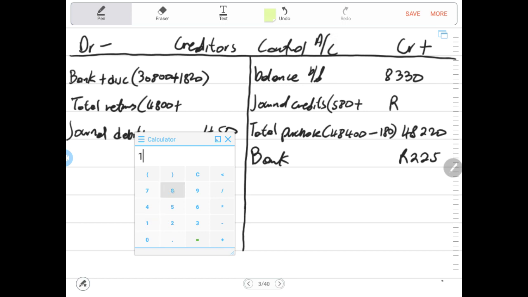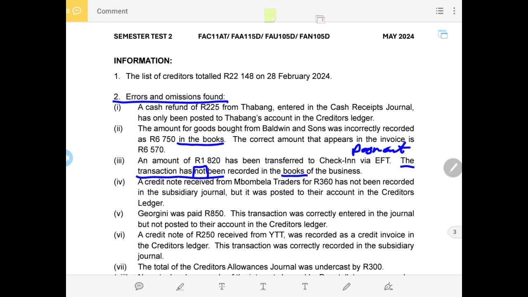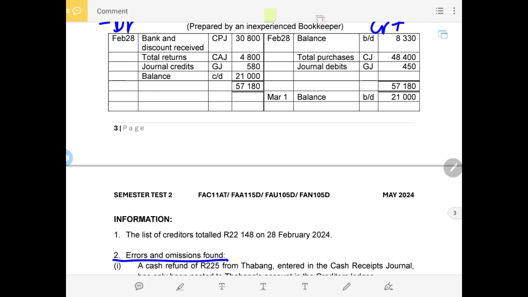Then we can say 1,820 plus 30,800. We are sitting with 32,620 rand. Now I just want to bring your attention to the bank and discount. That's where we record all the cash payment journal items.